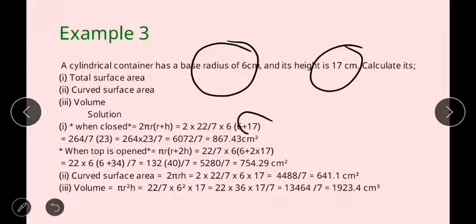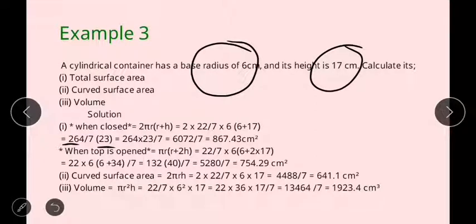Solve what you have in the brackets first, following the BODMAS rule. So 6 plus 17 gives you 23. Now, 2 multiplied by 22 multiplied by 6 would give you 264/7. Okay? Now, 264 times 23 would give you what?